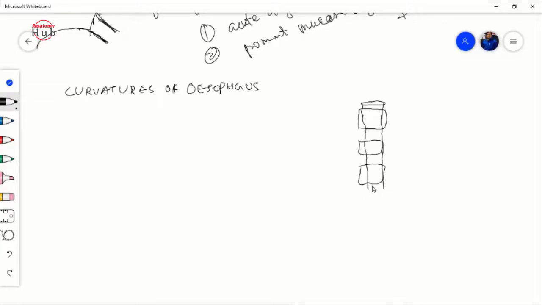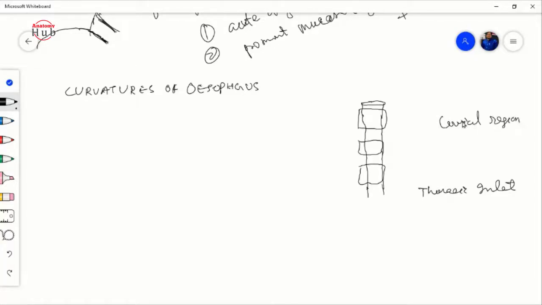Right. So at the root of the neck, it enters into the thoracic inlet. Here you will find the thoracic inlet, and this is your cervical region.